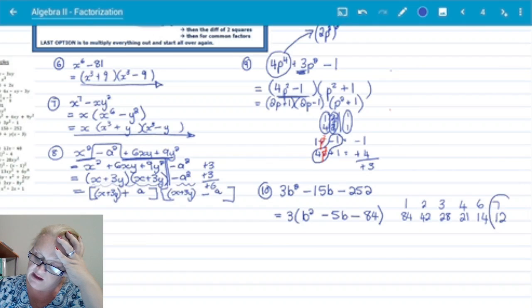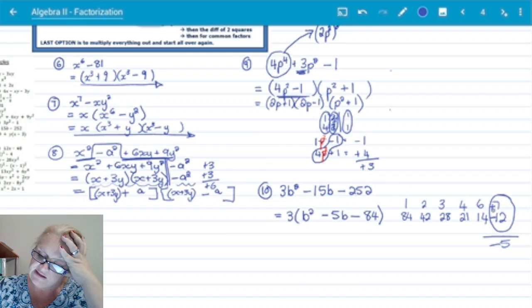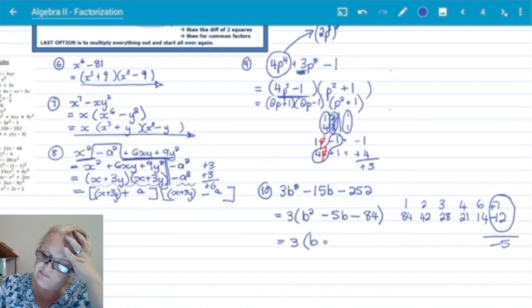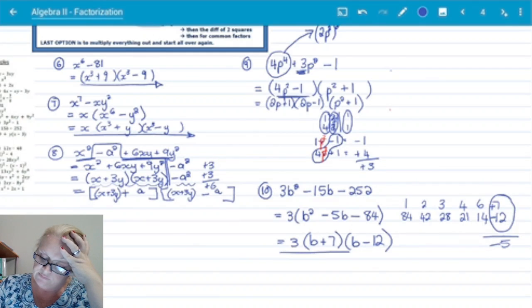And then we found our pair. We want to get a negative 5, so it has to be a negative 12, positive 7, which gives you 3 times b plus 7, b minus 12. Done.